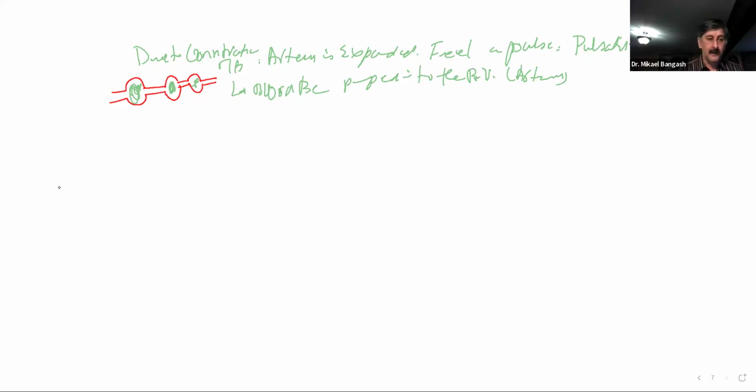Well, what did we have between one pulse and the second pulse and third pulse? Here, where the arteries are not expanded. And why is that?